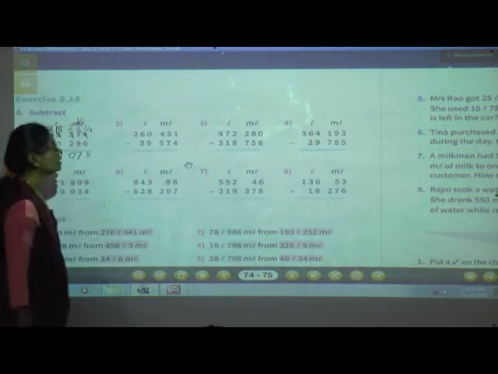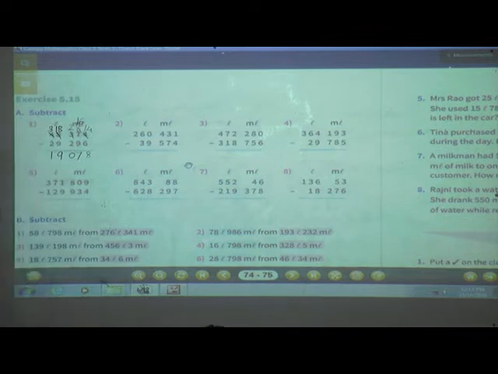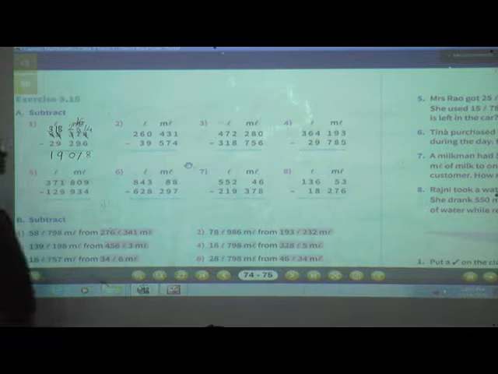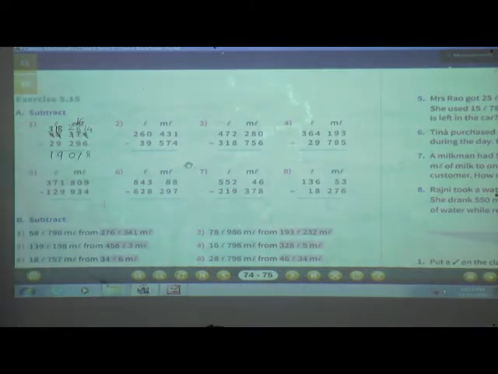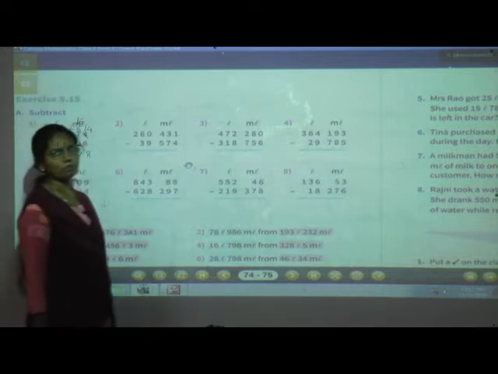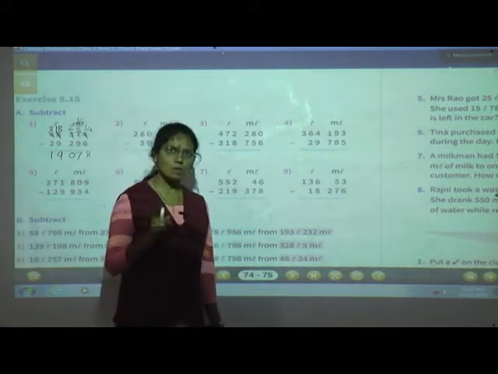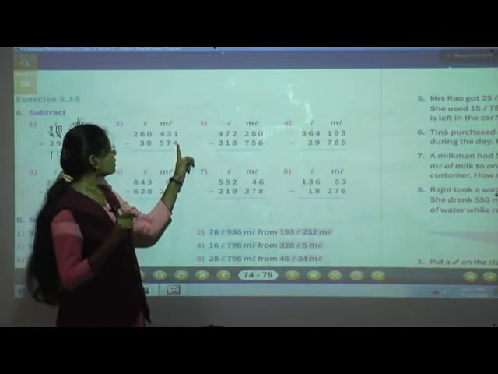260 liter 431 milliliter minus 39 liter 574 milliliter. Now start from the milliliters column. See here 1 minus 4. Can you do 1 minus 4? No. Why? Because 1 is smaller than 4.